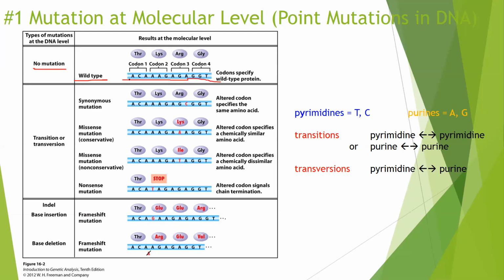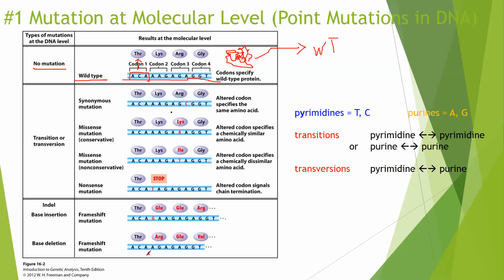Each 3-letter unit is called a codon and codes for a specific amino acid. The wild type will produce a protein with a specific sequence of amino acids to form a functional protein. This protein functions normally in an individual, which produces the wild type phenotype.